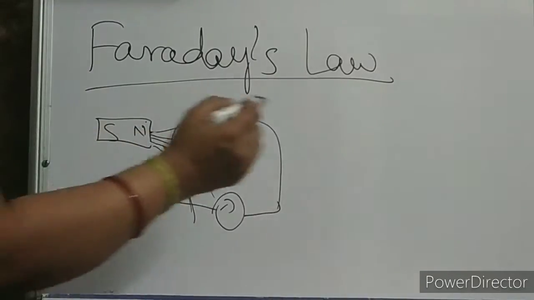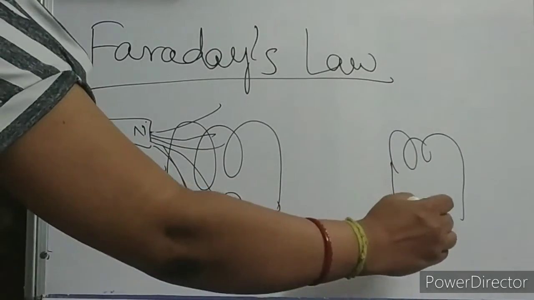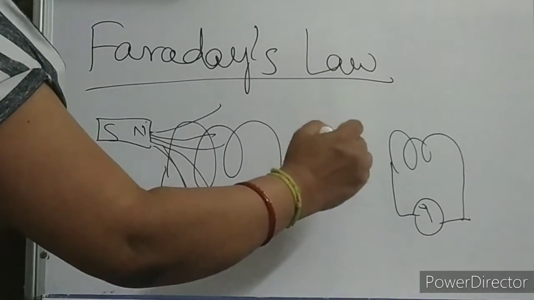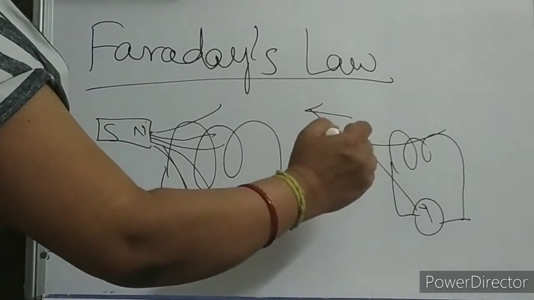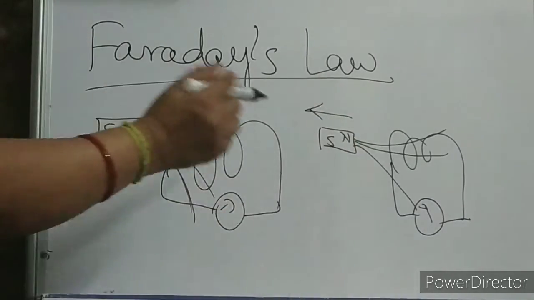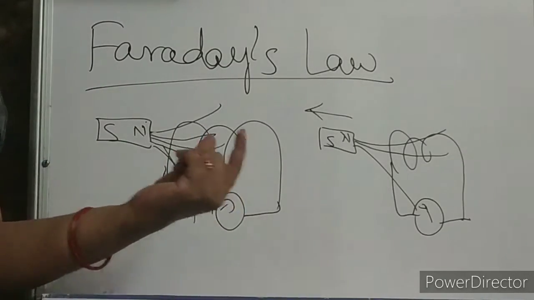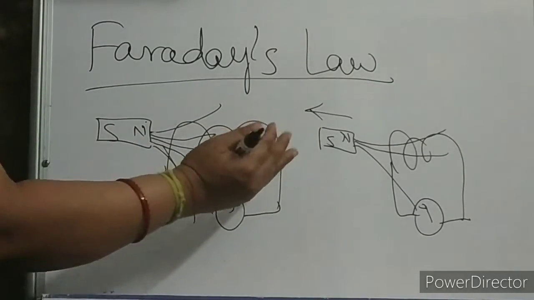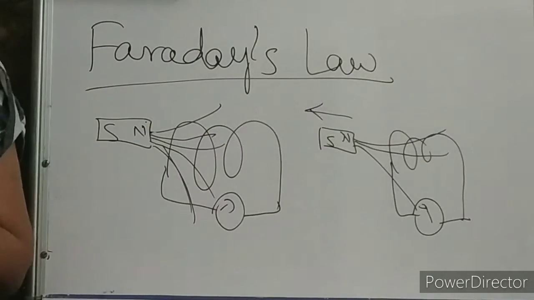And if the magnet is moving away from the coil, as you can see, the linking of the magnetic field lines is reduced. Whether you move the coil towards the magnet or away from it, or the magnet moves towards the coil or away from it, in all these cases we have seen that current is induced.